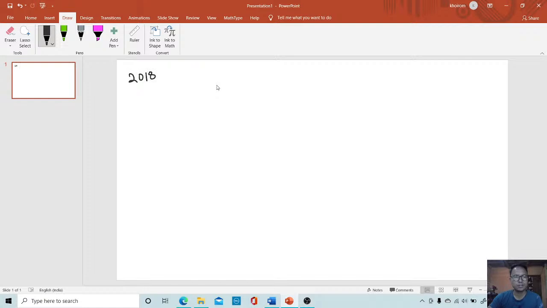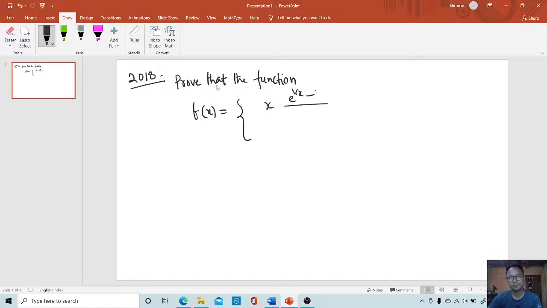So in around 2018, this equation came up. So the question was, prove that the function f of x, defined as this when x is not zero and zero when x equals zero, is continuous.